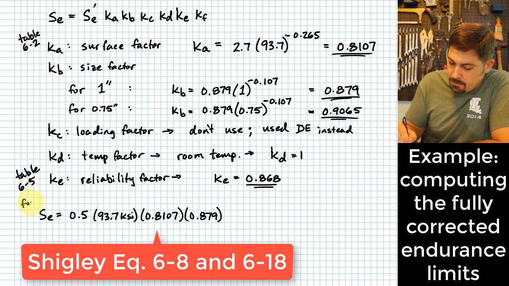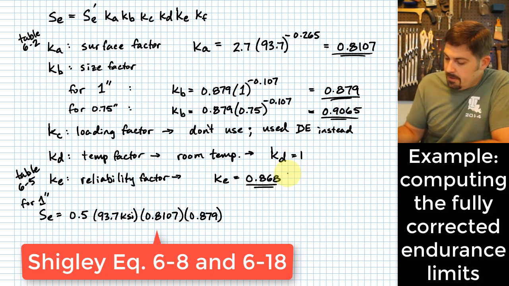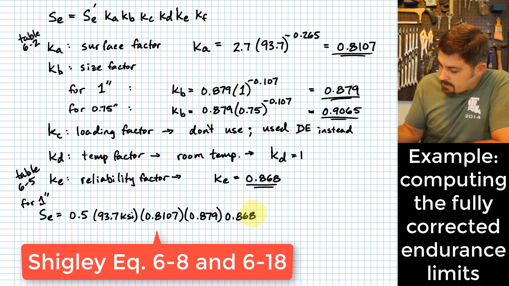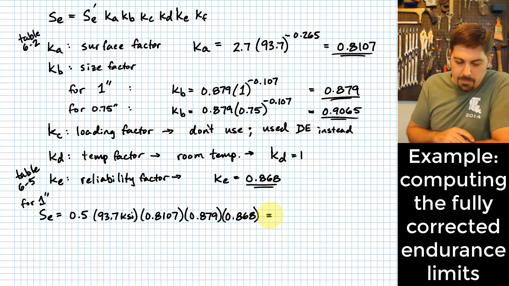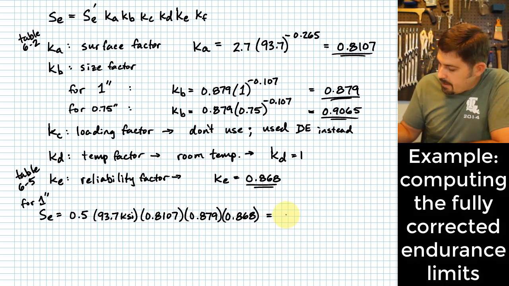So this is for the 1-inch shaft. So 0.879, K sub D is just 1. You can either write 1 explicitly if you want to, or you can just leave it out. And then here K sub E would be 0.868. When we put all this stuff in there, what we end up with is 28.98 KSI.